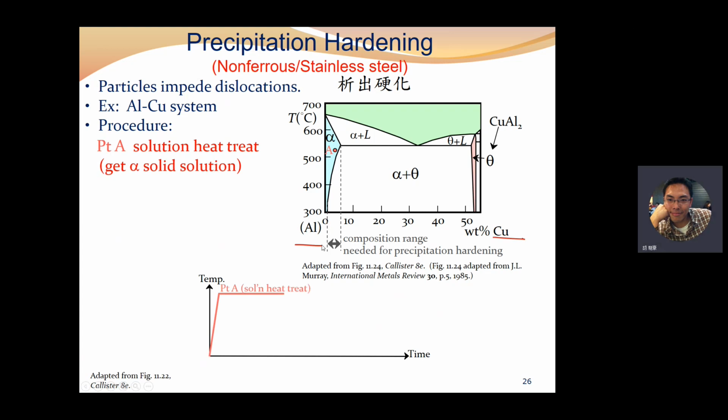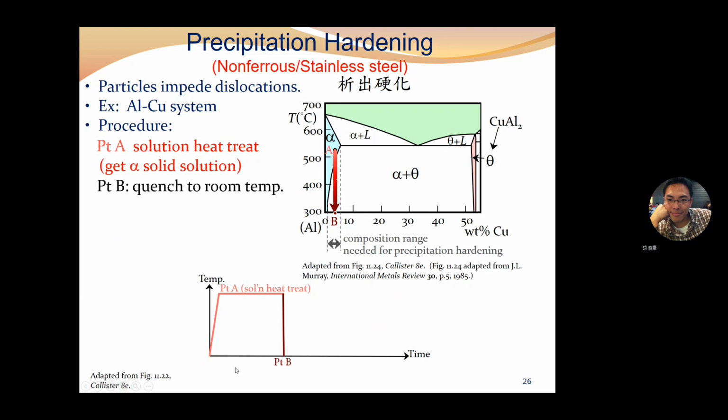Initially, the particle undergoes solution heat treatment to get alpha solid solution at point A. We heat up to a specific temperature to get the solid solution, in this case about 520 Celsius to form the alpha solid solution.